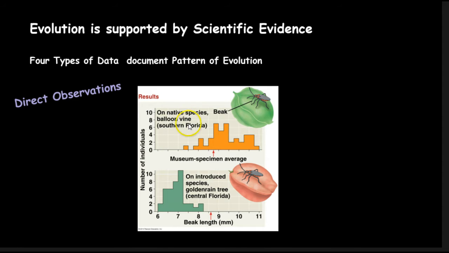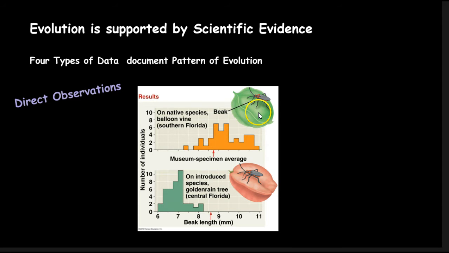The balloon vine is very specific to southern Florida. So the fruit is kind of like a nice big puffball. It's nice and plump. And so the soapberry bug, you can see it right here, has a very long beak so that it can insert that beak into the fruit and pull out the seeds. So it feeds on the seeds.